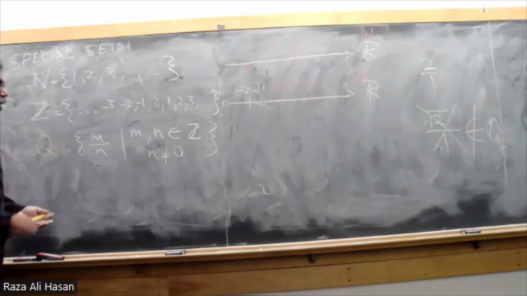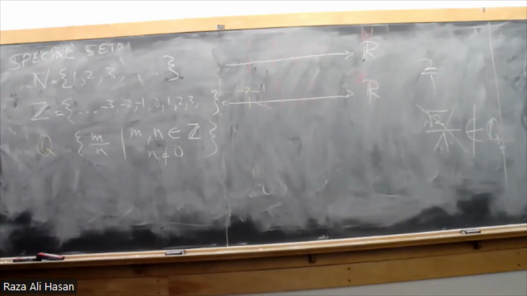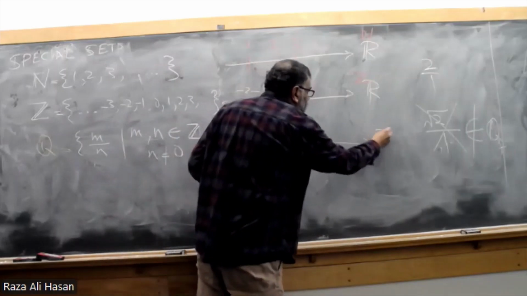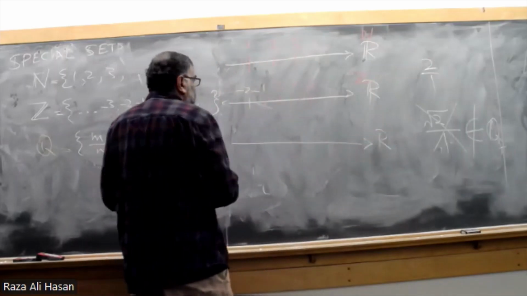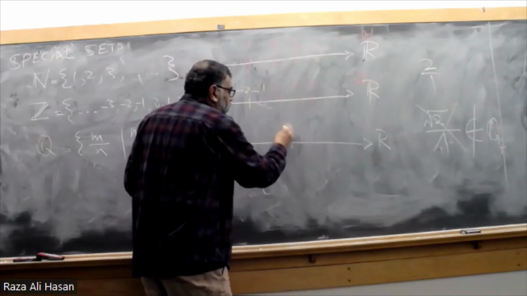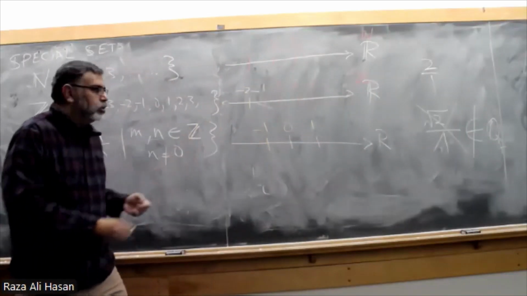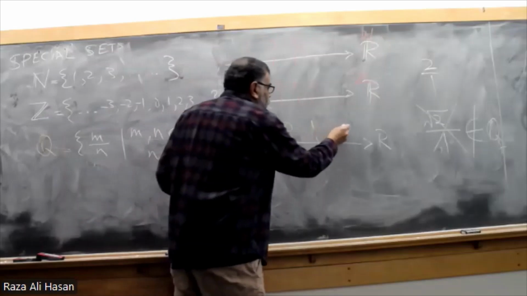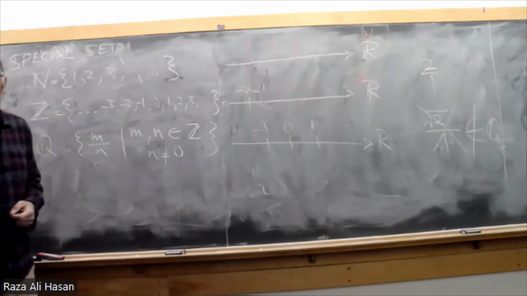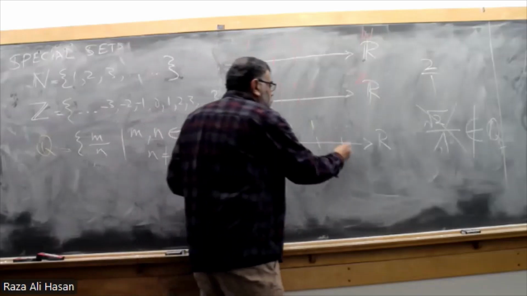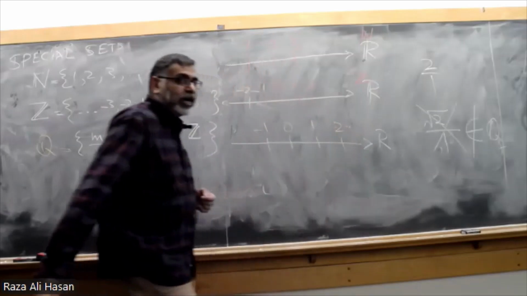Okay, and how do we represent rational numbers on the number line? Well, let's try yellow. We got 0 here. We're pretty good, right? And dot, dot, dot. Because 1 is a rational number, it's a fraction. 2 is a rational number, it's a fraction.